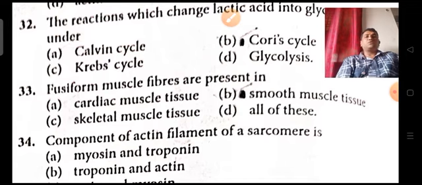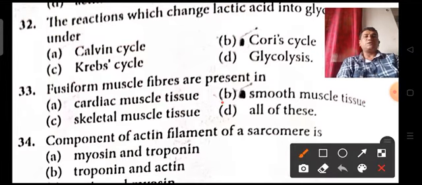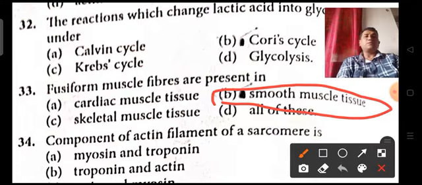Fusiform means spindle fibers. Spindle fibers are the characteristic feature of smooth muscles, so the answer can only be smooth muscles, or involuntary muscles, or unstriated muscles. B option.